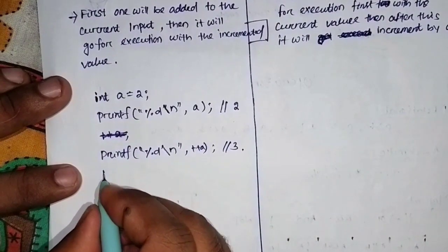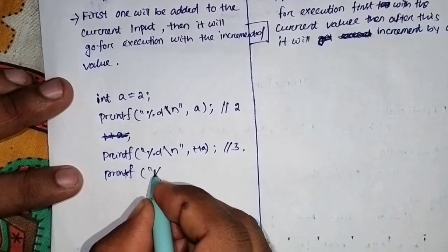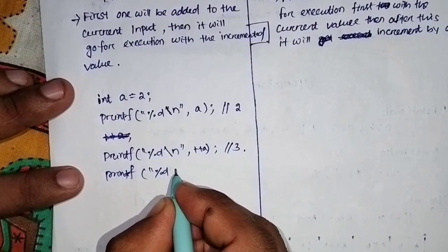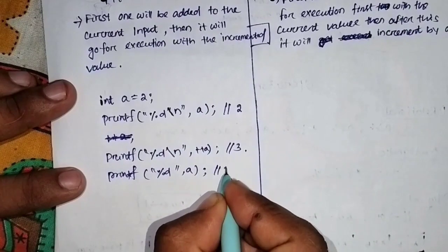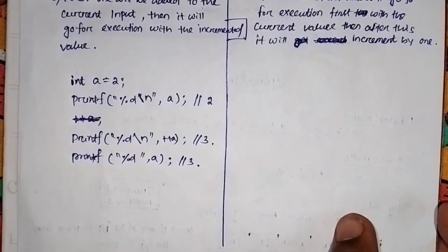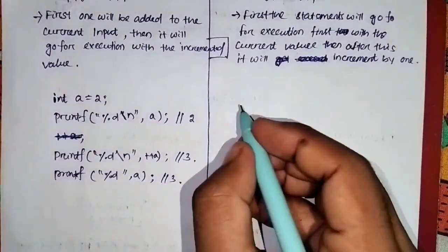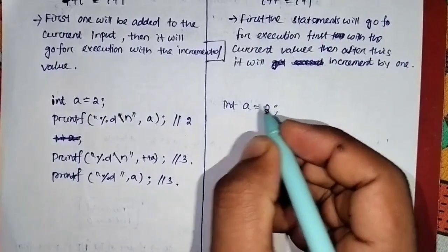So it is added first, then it executes. After adding 1 to the variable a, the value of a becomes 3 and it is displayed as 3. So the variable a is updated to the value 3.